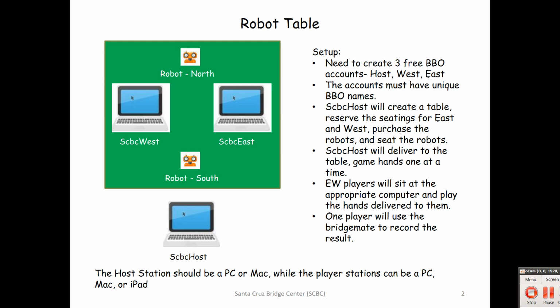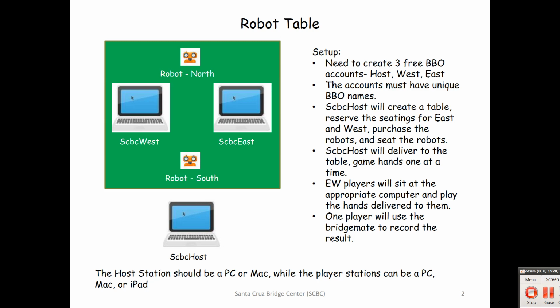It sets up the table. It reserves the seats for the two players and for the robots. It invites the players when they're online and the game's about ready to start. The host will also install the robots in the north-south position. The final duty of the host is to deliver the hands one at a time for the players.